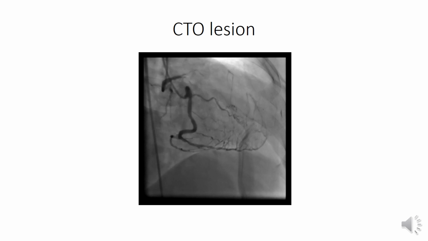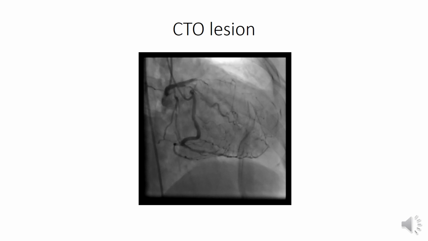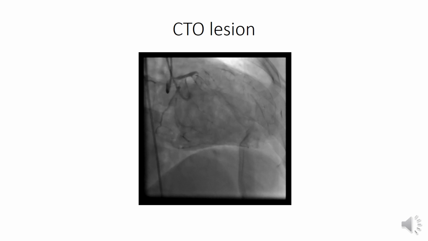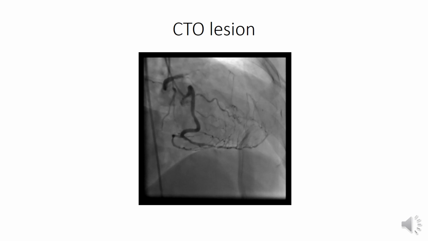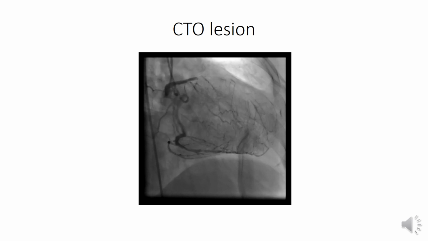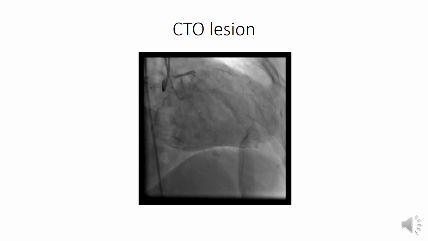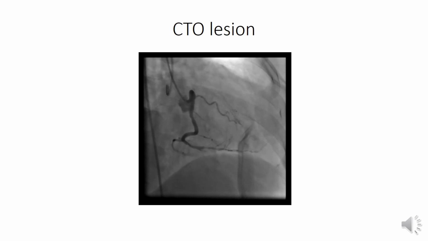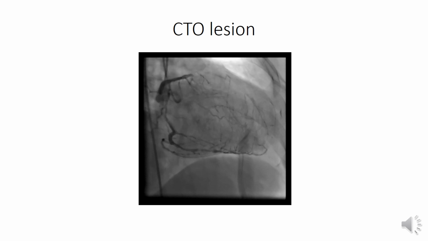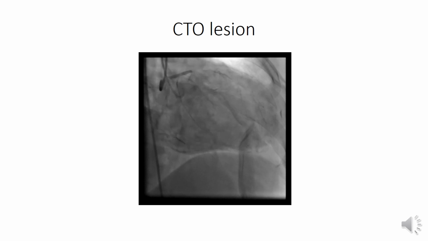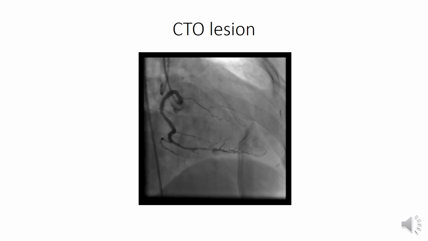Lastly, we have what is called chronic total occlusion lesion. For more appreciation of the length and the shape and the course of the totally occluded segment, we do what is called dual injection. We are engaging in this picture both the right coronary artery and left coronary artery.